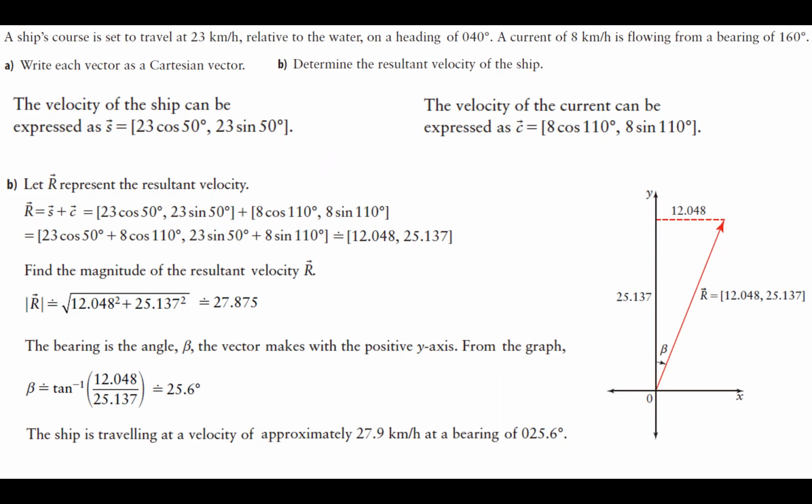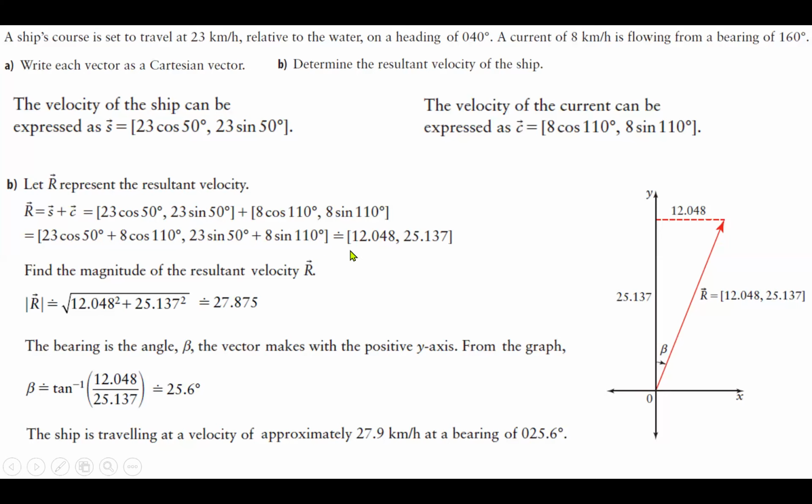So we can apply the addition for Cartesian vectors like this. We know the components of vector S are 23 cosine 50 degrees and 23 times sine 50 degrees, and the components for vector C are 8 times cosine 110 degrees and 8 times sine 110 degrees. So we can add the corresponding components together.